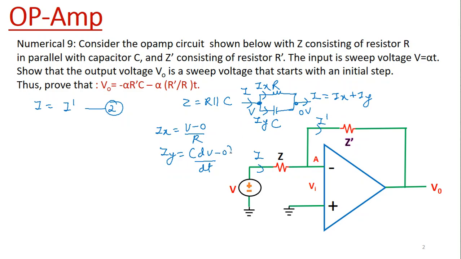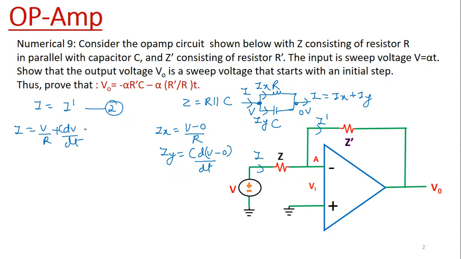So this is the equation which we are getting. So I will be equal to V by R plus C dV by dt.